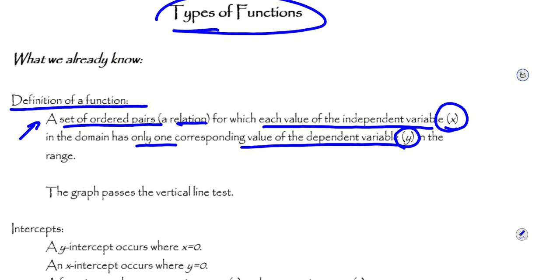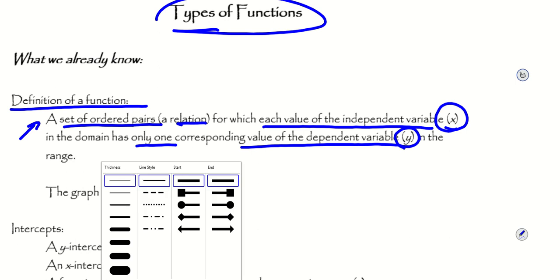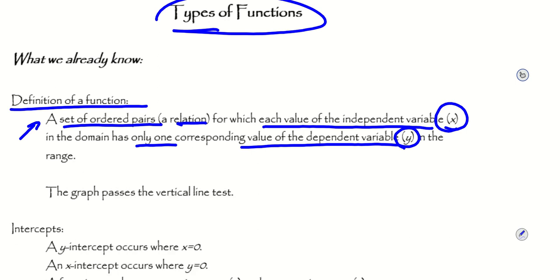Because of this definition, the graph of a function will pass the vertical line test. That should be a test that you're familiar with.